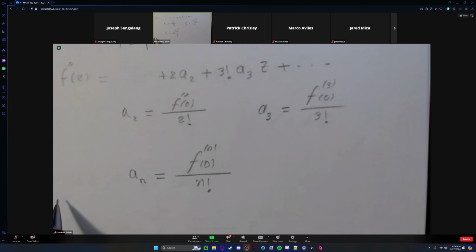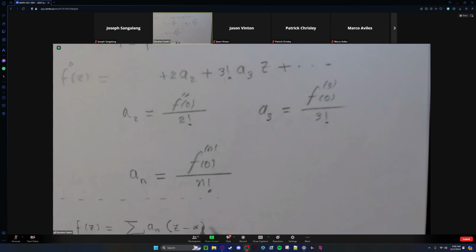For example, I could have this power series, the center being, let's say, alpha. And going from 0 to infinity.